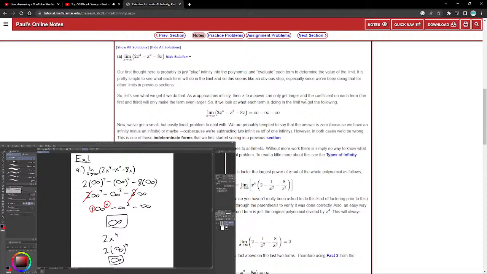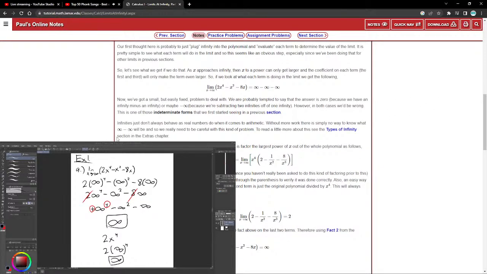Infinities just don't always behave as real numbers do when it comes to arithmetic. Without more work, there is simply no way to know what infinity minus infinity will be, and so we really need to be careful with this kind of problem. To read a little more about this, see the types of infinity section in the extras chapter.